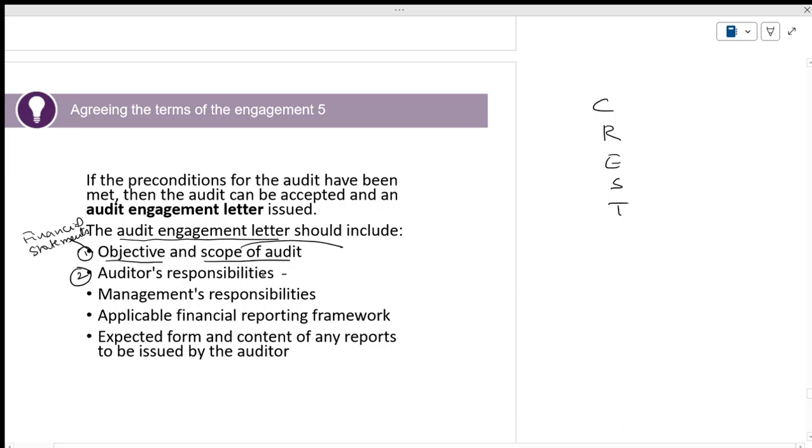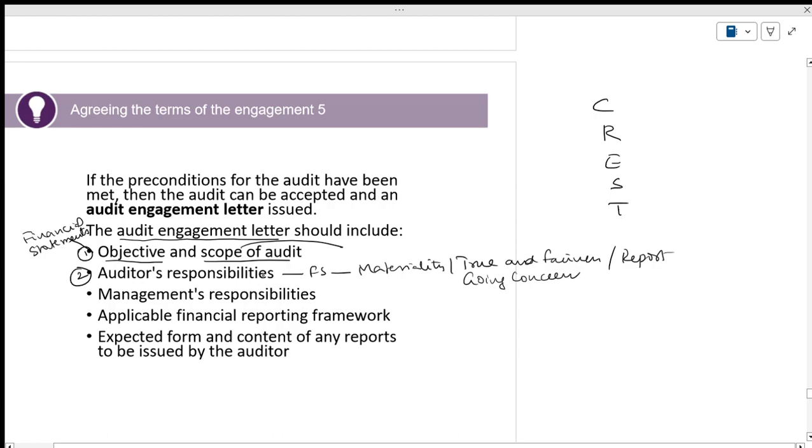We are talking in terms of materiality, true and fairness, and giving the audit report. That is the responsibility of the audit. That's why we have to be very clear about what we are doing. The auditor's responsibility also includes mentioning whether it is a going concern or not.